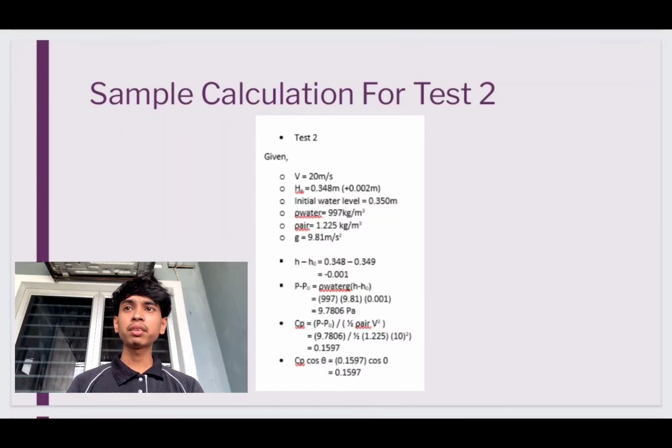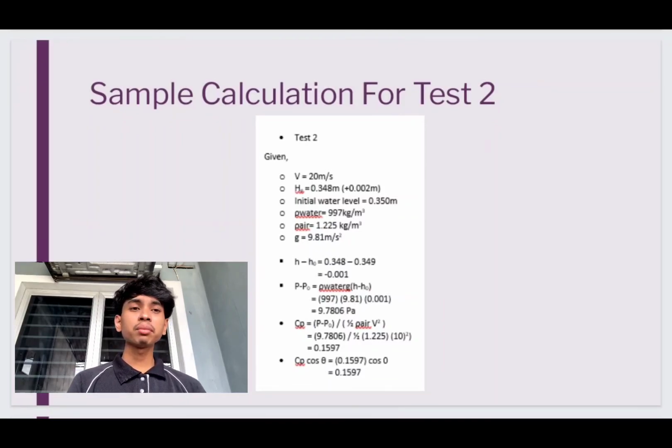So for the sample calculation, the V is 20. The density of water will be 997 kg per meter cube, and the density of air will be 1.225 kg per meter cube.